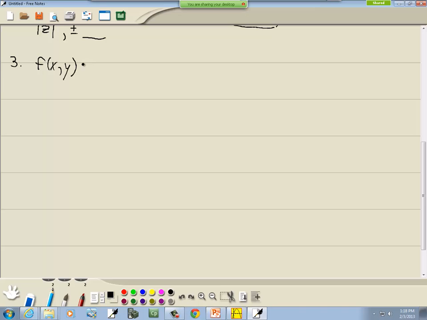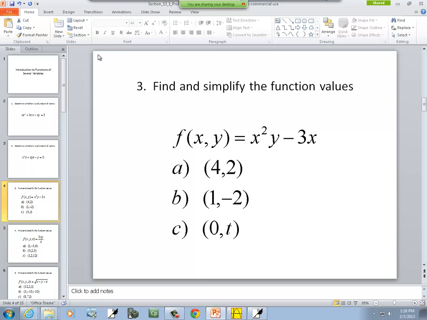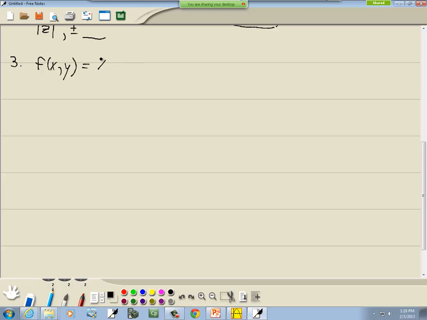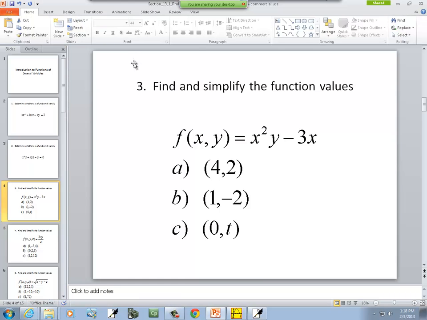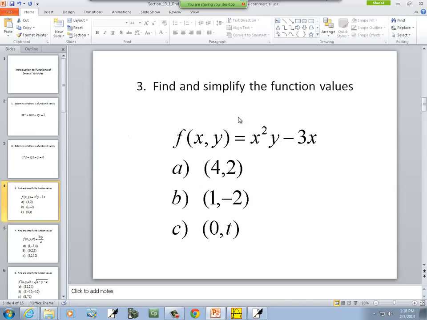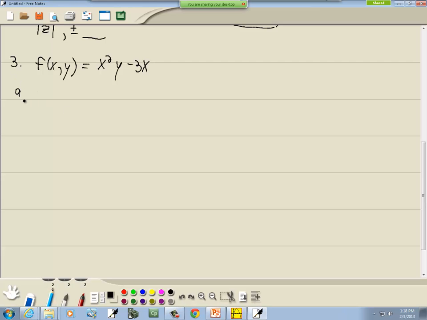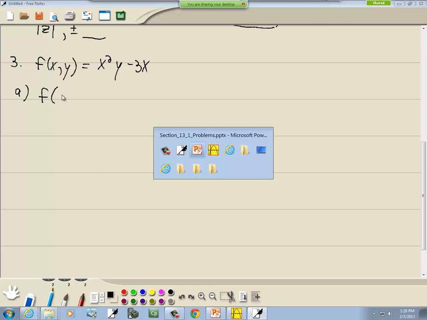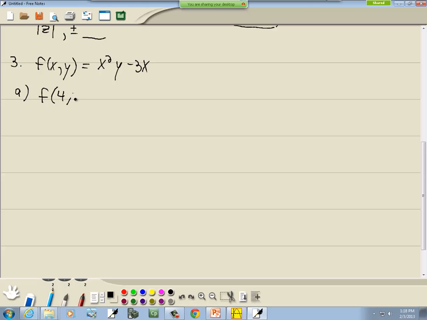Let's take a look at this function. f of xy is equal to x squared y minus 3x. And it says find and simplify the function values. This is just evaluating a function. So we want to plug in 4 for x and 2 for y. So for a, we're going to find f of 4, 2. So just wherever you have an x, well, let me go ahead and put my parentheses in first.